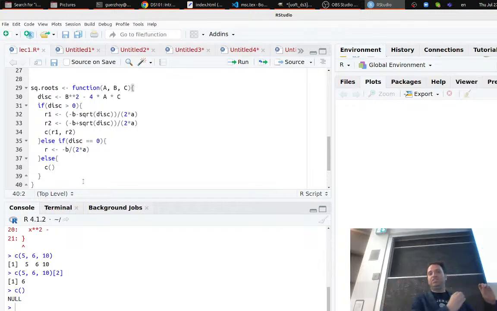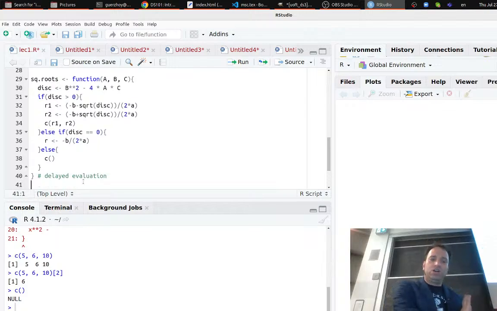If you have a programming background, you might think you definitely have to compute R1 when you put minus b blah blah blah into R1. The answer is, well, no, not always. You can do delayed evaluation. Google it if you're interested. That's advanced material.